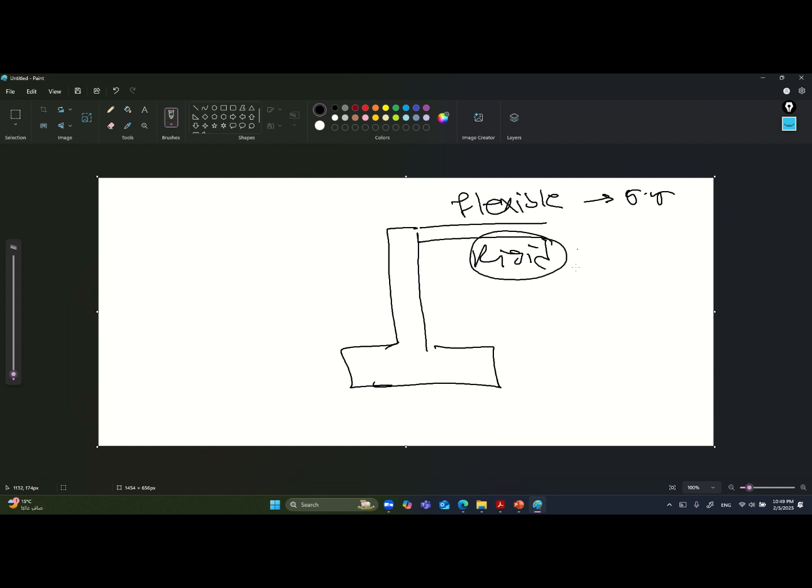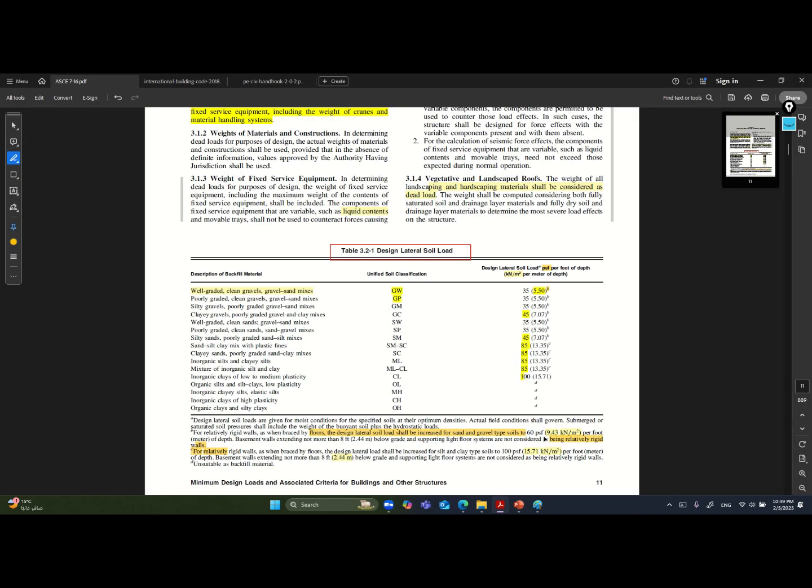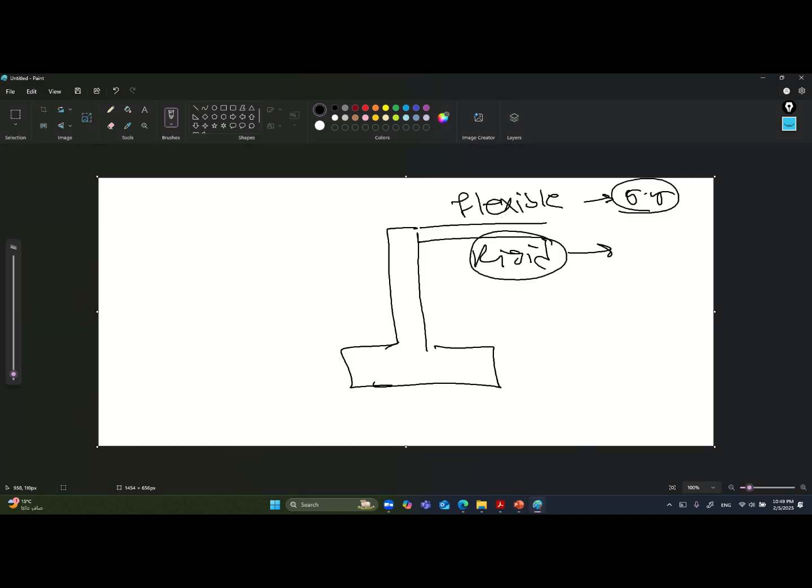If it is rigid, then this value, not 5.5, will be increased to 9.43, because this rigidity will increase the amount of pressure that will act on the retaining wall.